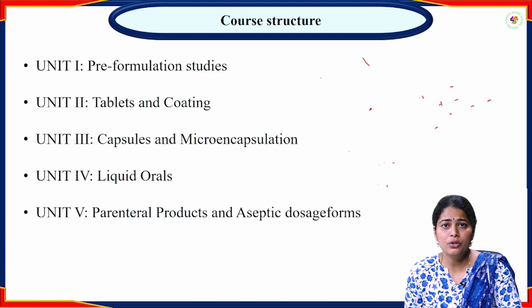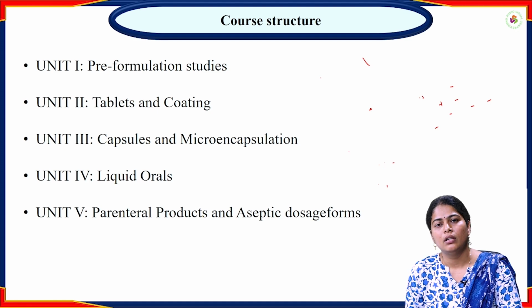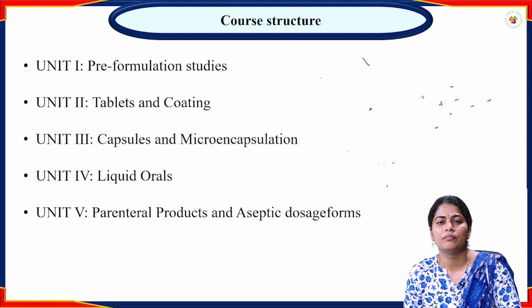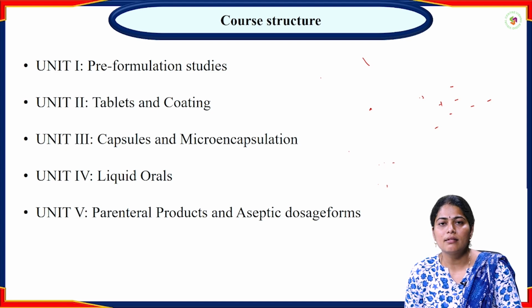And what are the equipments used for granulation? And what are different manufacturing processes involved in tablet manufacturing? And what is the physics involved in tablet manufacturing? And tablet manufacturing equipments, what are the specific parts in the tablet manufacturing equipment, which is nothing but a tablet punching machine, and evaluation tests for tablets. All these things are discussed in the tablets unit.